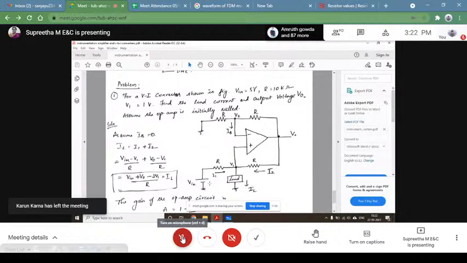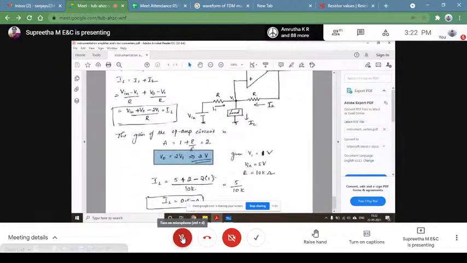0.2 milliamperes. Be loud and clear. 0.5 milliamperes. Yes, your load current would be 0.5 milliamperes and the output voltage would be 2 volts. Is it not? So if you want, you can note down the solution.